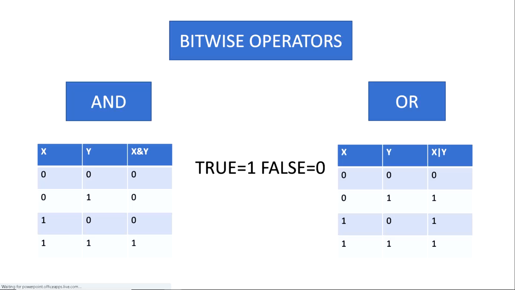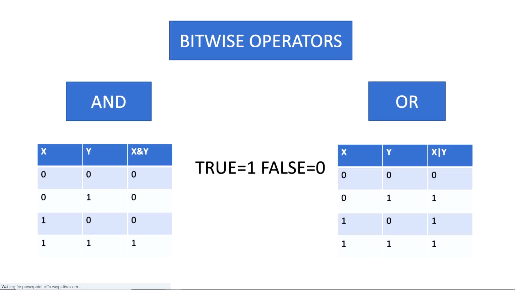If even a single case is false, then the total thing is false. As you could see there, 0 0 is 0 and 1 1 is 1. And even if a single case is false, it is showing false. And in the OR table, it is the reverse of it. Even if one case is true, then the whole thing is true. If both cases are false, then it is false.